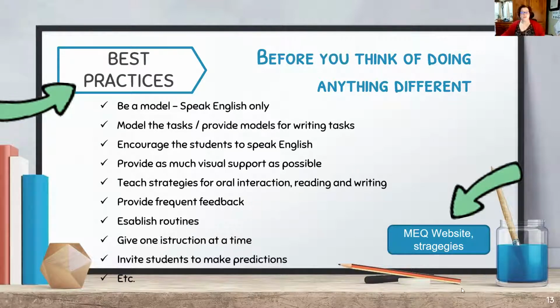Of course, we encourage the students to speak English, and we provide as much visual support as possible. We think sometimes that students are not understanding at all simply because they're not responding when we speak to them in English. But actually, if you have posters and functional language in the classroom, or if each student has their little binder with the functional language in it, when you ask a question and they're not answering verbally, bring them to answer by pointing to what they would like to say.